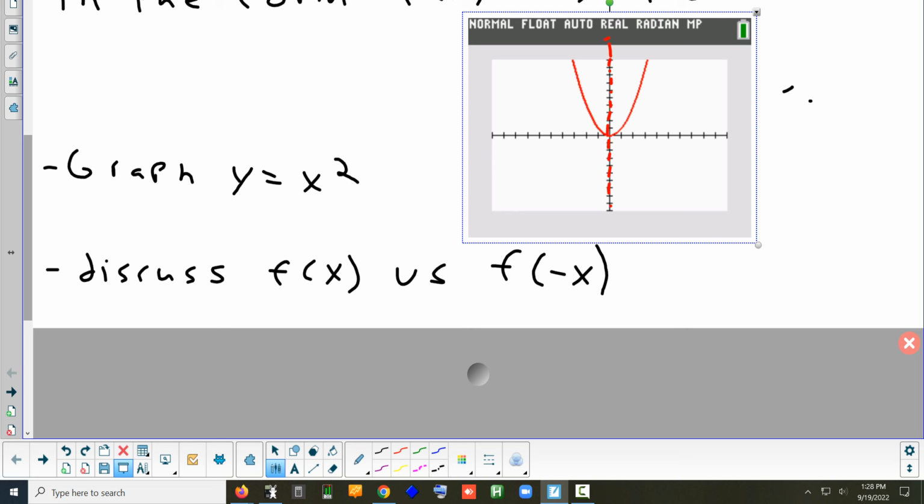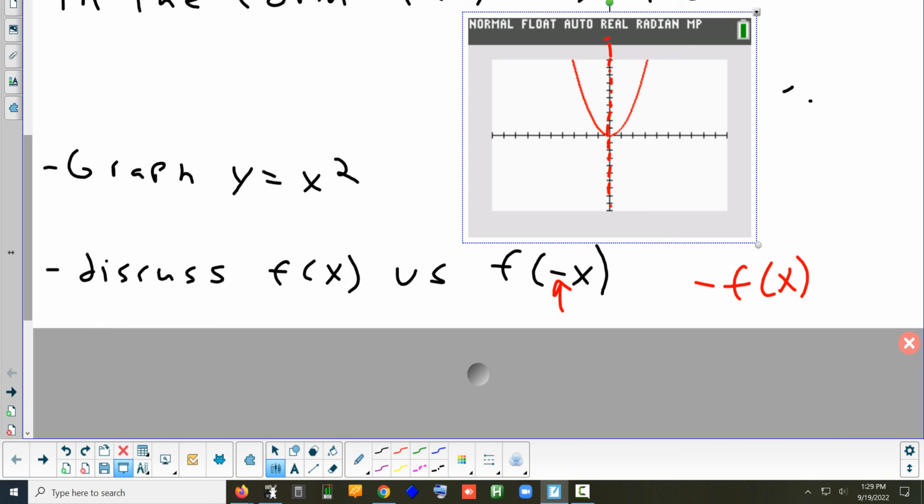But in this case, it didn't. So negatives, when you see them, these always cause something to flip. There's a difference if you put the negative in front of the whole thing, or you just put it in front of the variable. One flips it one way, one would flip it the other way. So we'll see both.